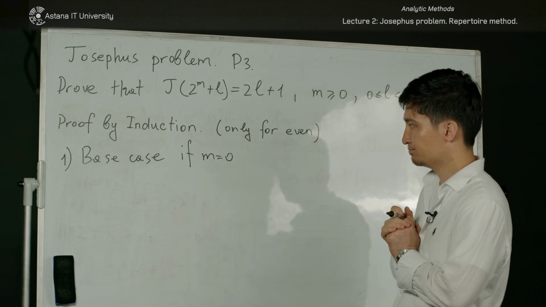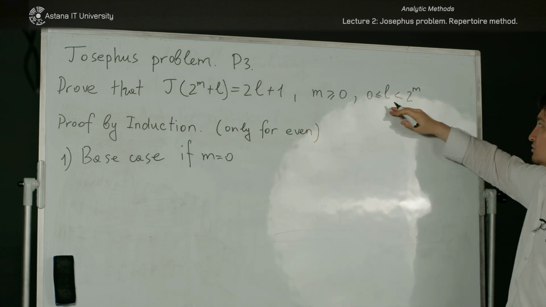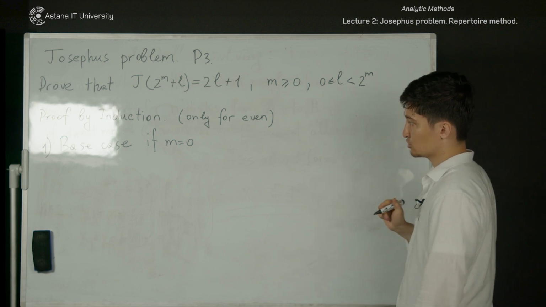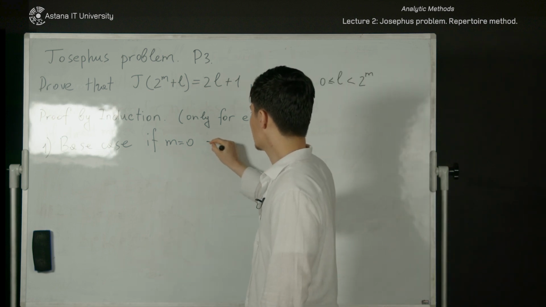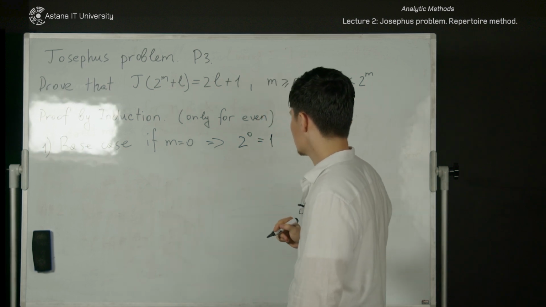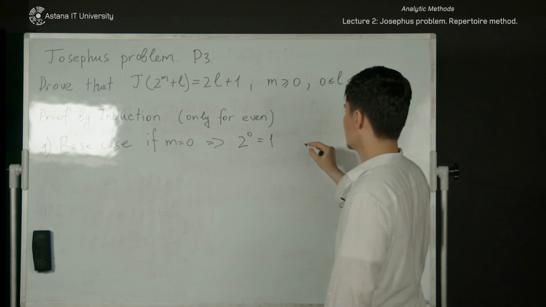Then what do we have? Well, we have to look for this condition, right? So my L must be strictly less than 2 to the power of m. So if m equal to 0, means that 2 to the power of 0 is 1, which means that my L must be strictly less than 1, right?